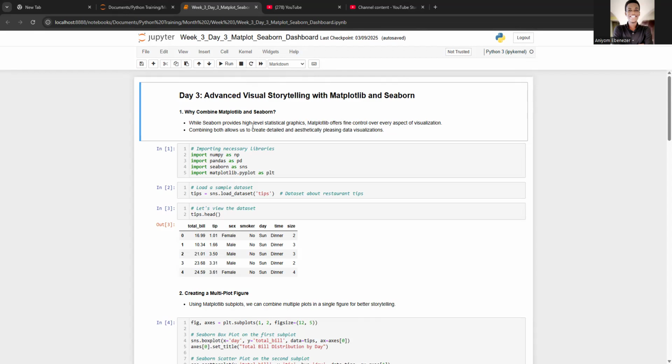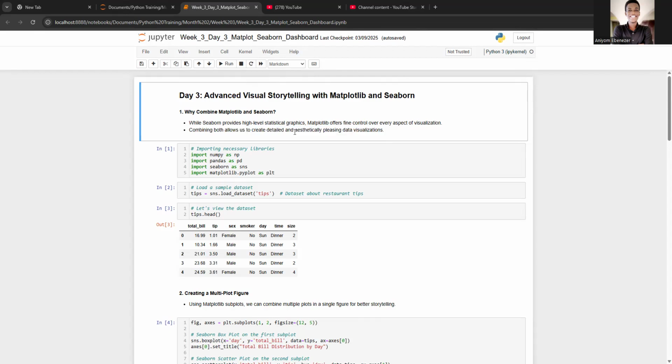And then to give it those statistical touches, it should be the work of Seaborn, right? So Seaborn would do that. So combining both allows us to create detailed and aesthetically pleasing data visualizations.